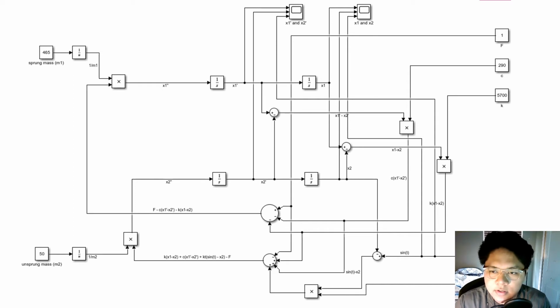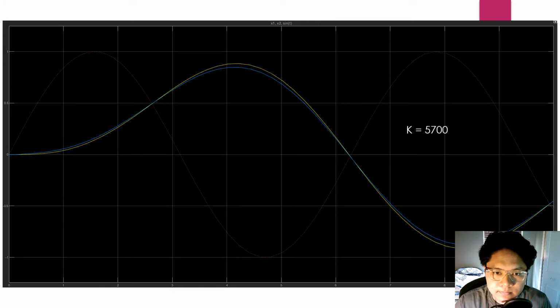And from this, we were able to plot x1, which is this yellow-green line here, x2, which is this blue line, and also here, xt, which is the model of the road, the dotted red line.